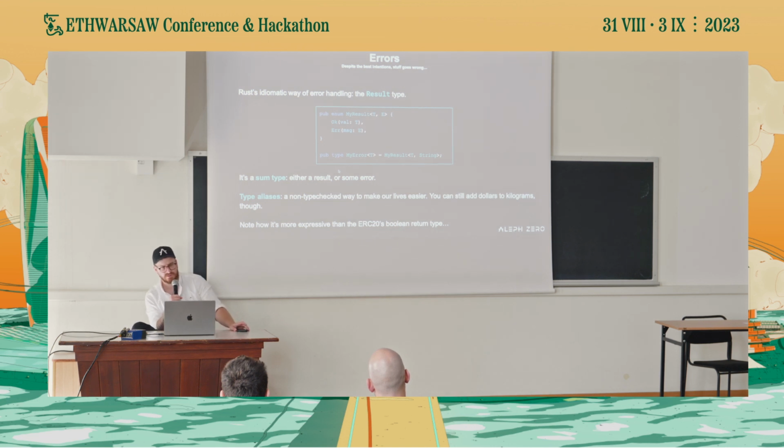And one thing to note, the type keyword is not type checked. So whether I write my error of t or my result of t and string is actually the same type, right? So there are some ways to distinguish types like that, but the type keyword is not one of them.